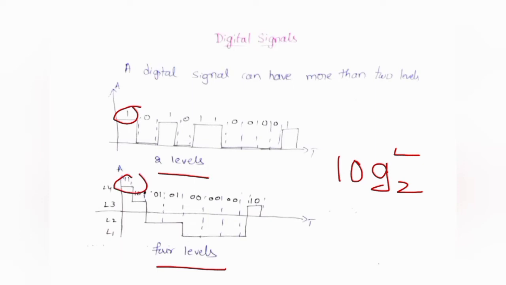So if we have L number of levels, then we will send log L base 2 bits at each level.